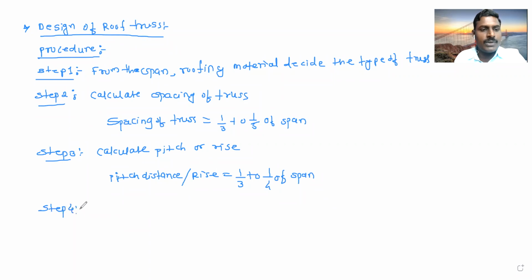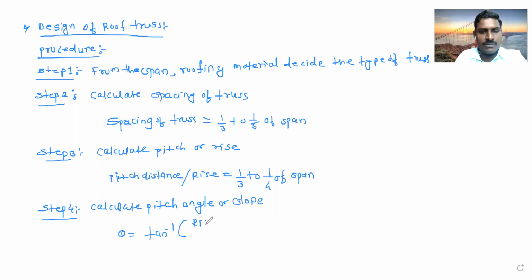Then step 4, we have to calculate pitch angle or slope. So pitch angle or slope, that is theta, is equal to, what is the formula?